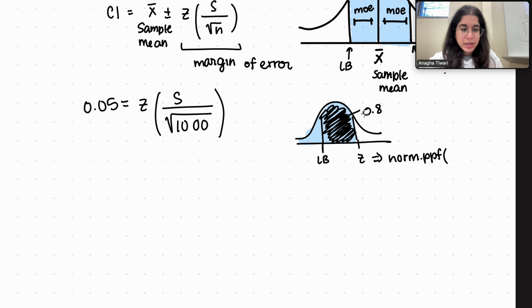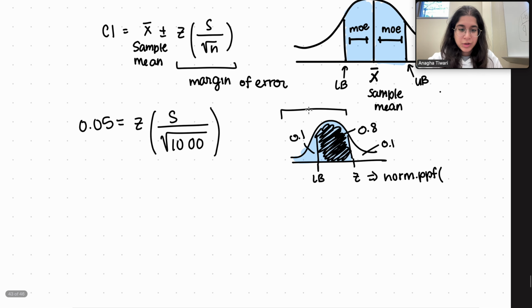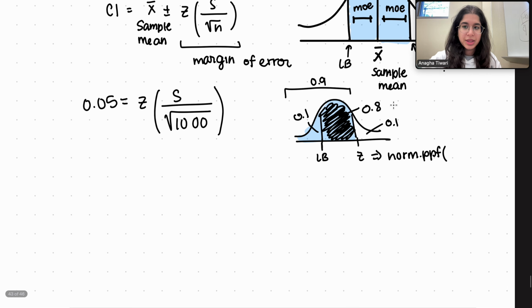Well, we know the middle area is 80%, and we know the entire area under the bell curve is going to be 1. So this means each of the tails is 0.1. And so the blue highlighted region will be 90%. So we're dealing with, in other terms, the 90th percentile. So what is the z-score for the 90th percentile?